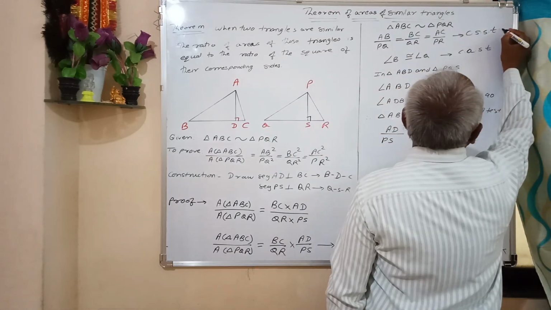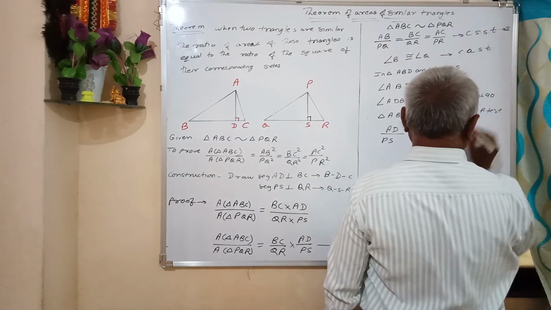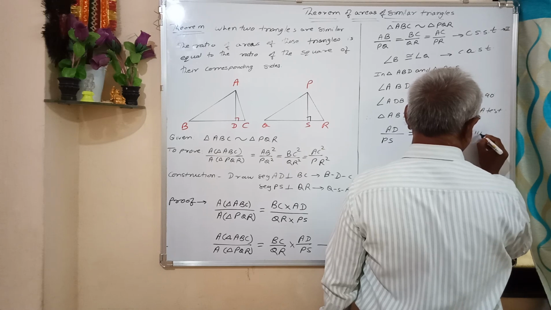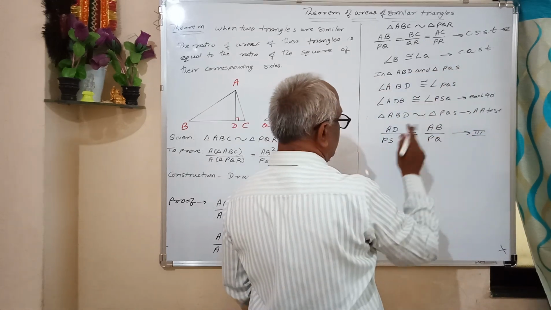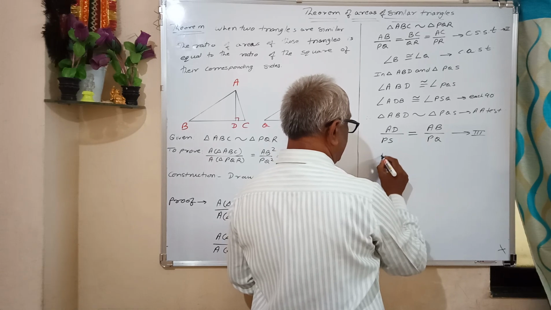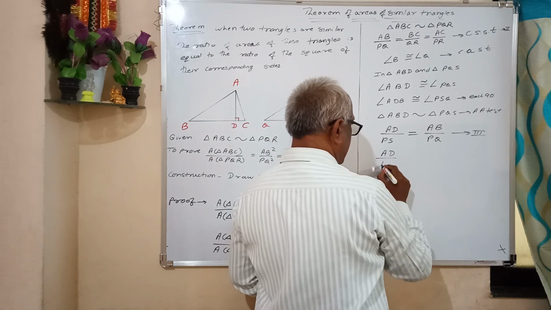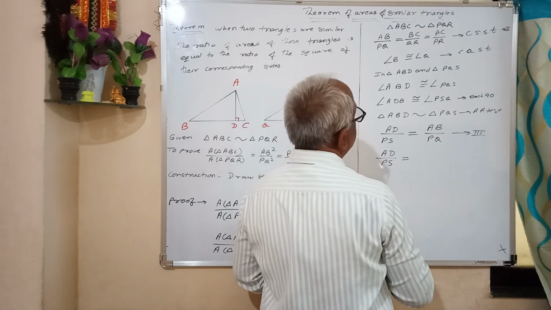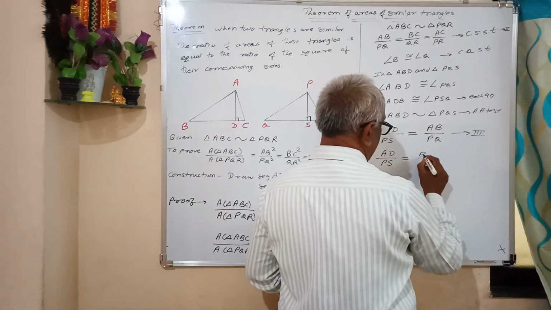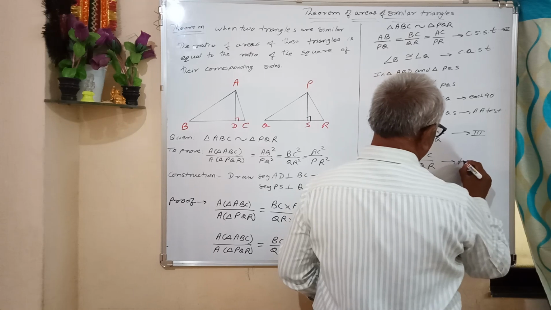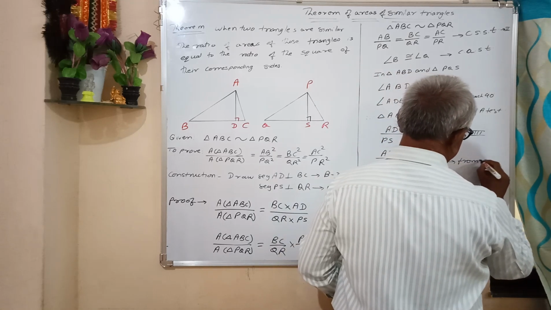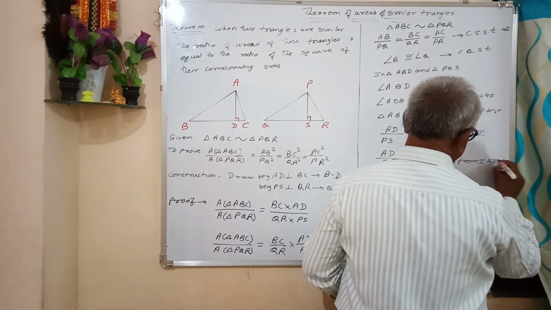Here we give equation number 2 and here equation number 3. Now from equations 2 and 3 we get that AD upon PS is equal to BC upon QR, that is from second and third.